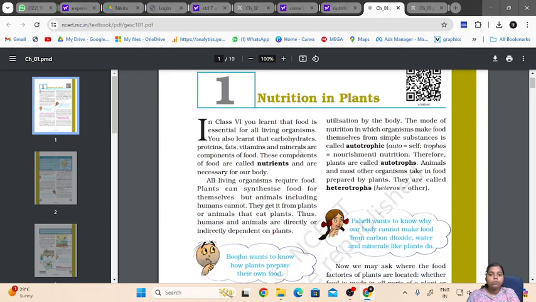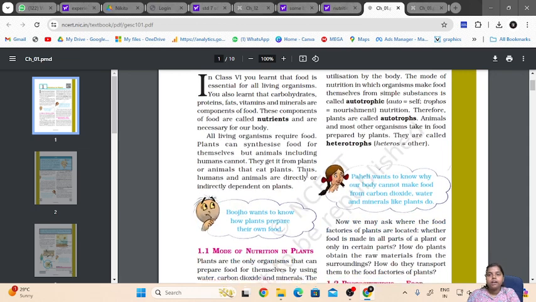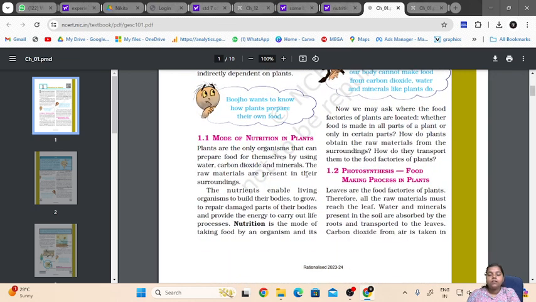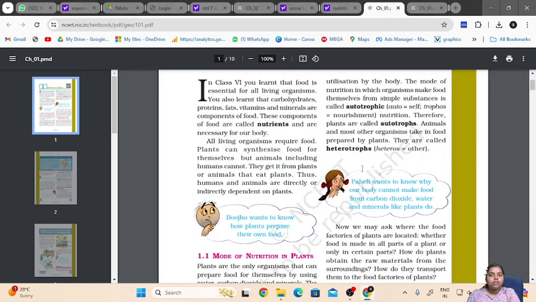Okay, so students, in today's class what have we learned? We have learned about the different components, that are carbohydrates, proteins, fats, vitamins and minerals. These components are called nutrients, and they are very necessary for us. The mode of taking food by an organism is called nutrition. Plants prepare their own food, and the mode of nutrition in which organisms make food themselves from simple substances is called autotrophic, and the organisms are called autotrophs.